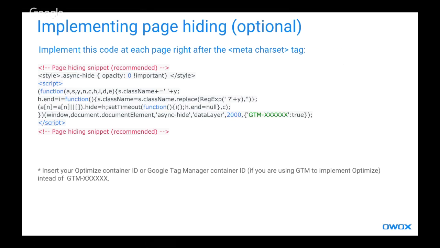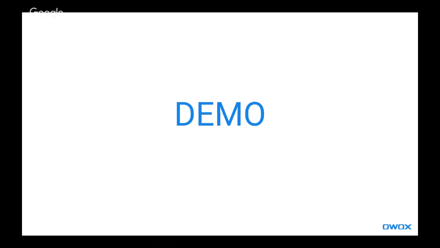What it does, it hides everything before the page is completely loaded, so your customers will see a completely blank white page. But there is nothing to be scared about, because Optimize doesn't really increase the page load time. And now let's give the floor to Pavel so he can show you a demo.